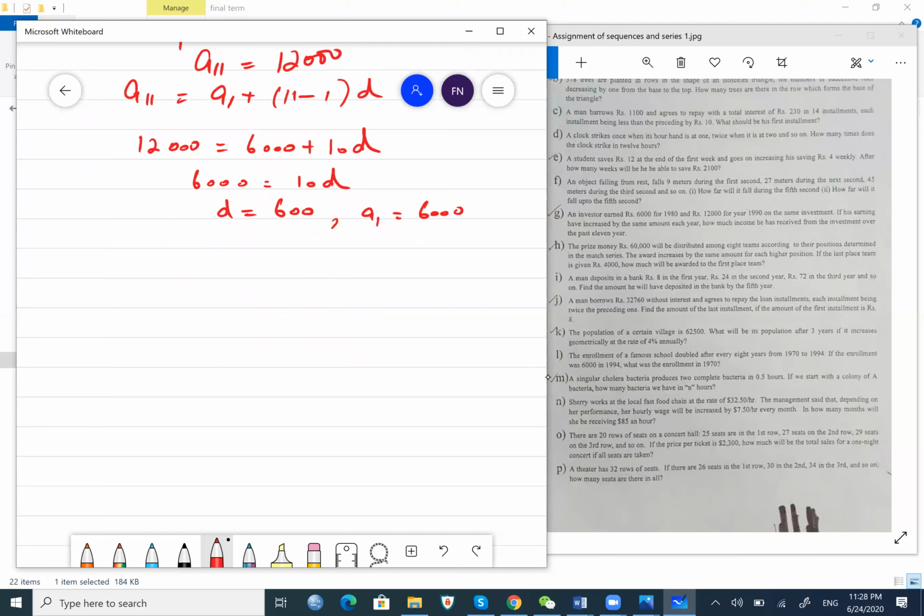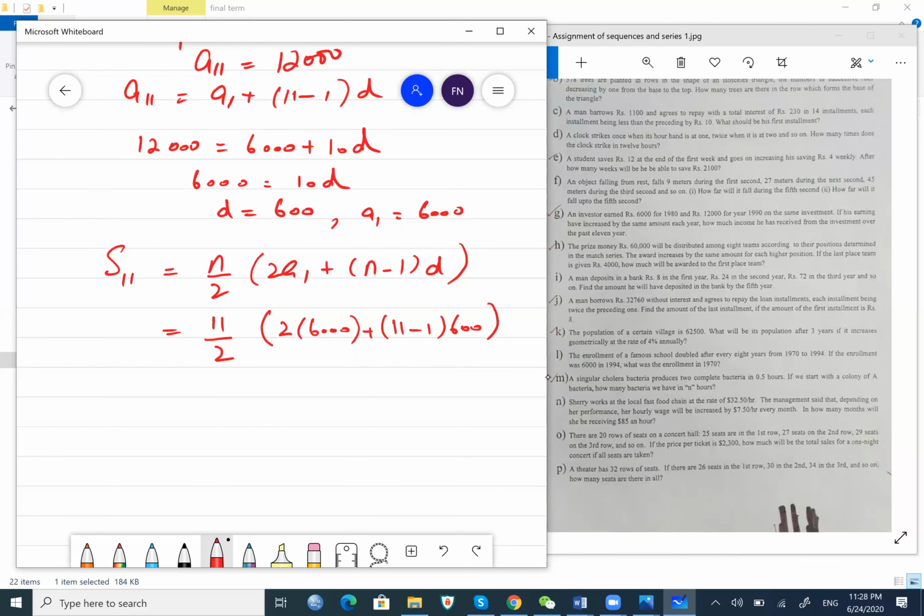So we need to find the sum of 11. So it will become n by 2 times 2a1 plus n minus 1 times d. So n is 11 by 2, 2a1 is 6,000 plus n is 11 minus 1 times d.